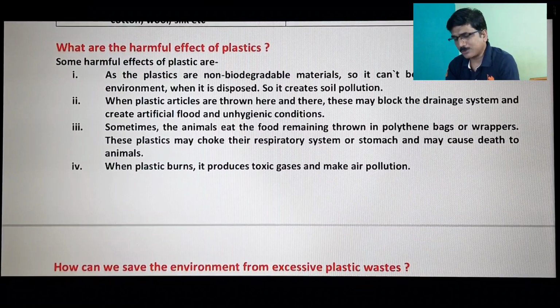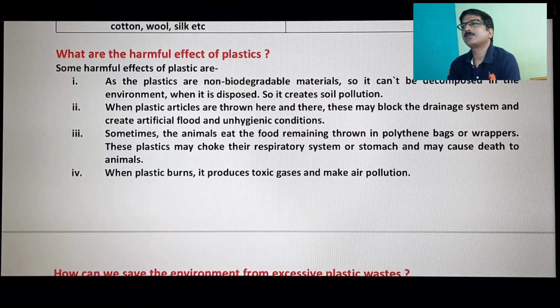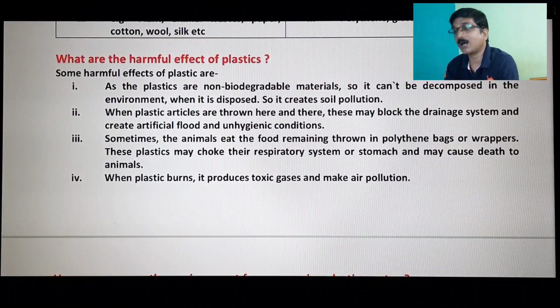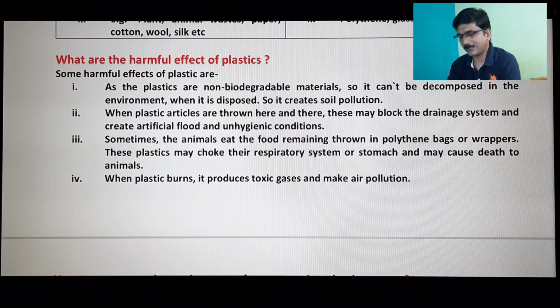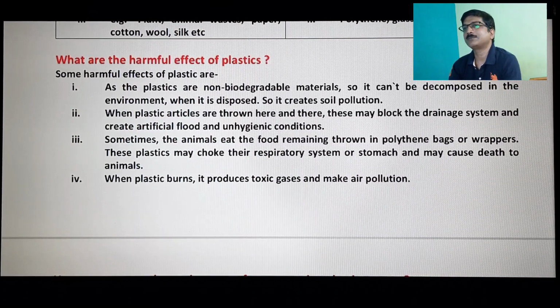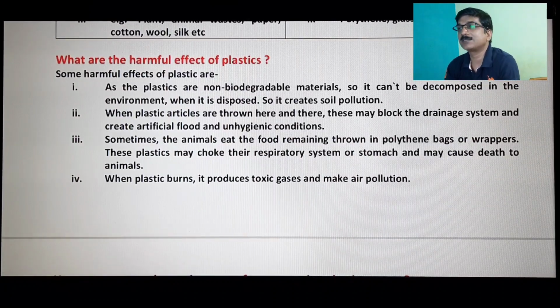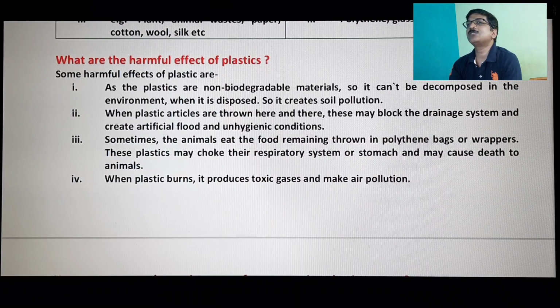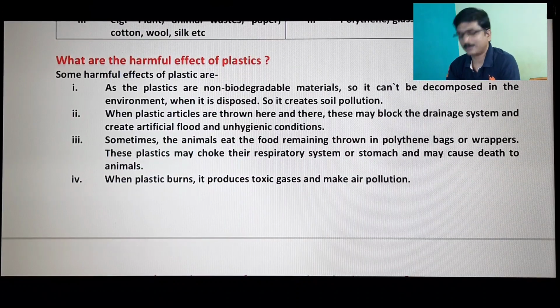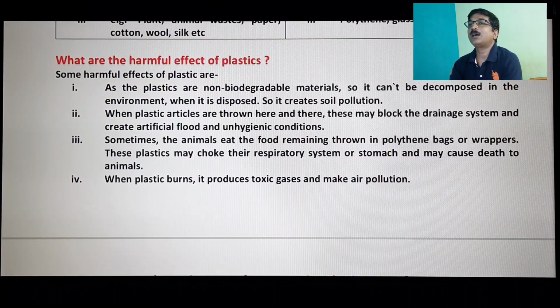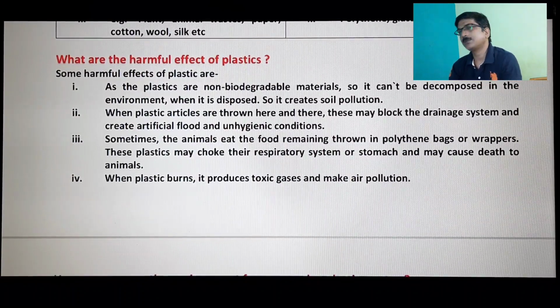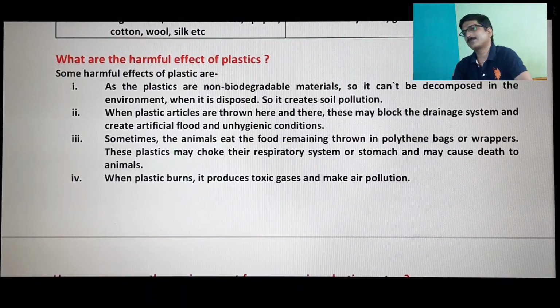Though we are using plastic in a large quantity, the use of this plastic is very dangerous to our environment because it has some harmful effects.